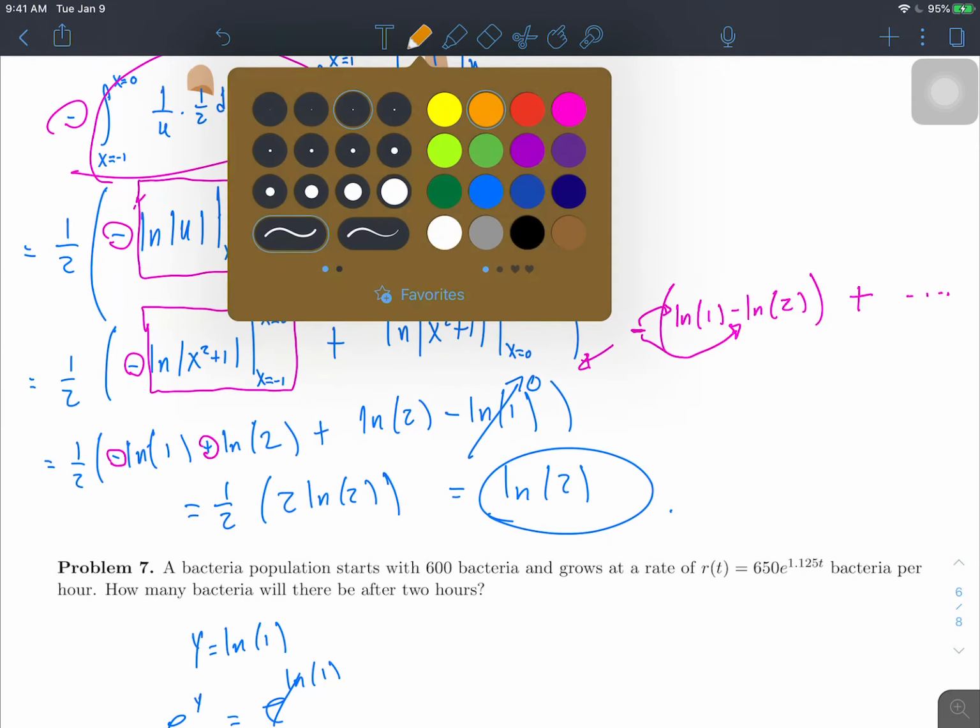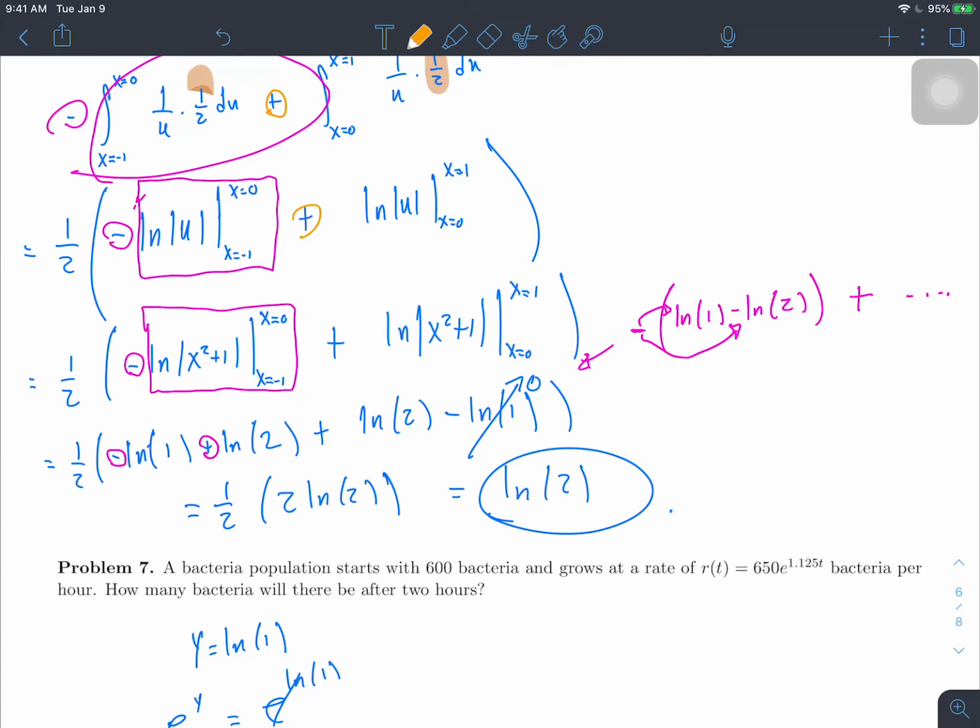This plus sign just came down the whole way with us. And then everything that's in these orange brackets came from doing this plug. We had to evaluate ln of x squared plus 1 at positive 1 and 0.